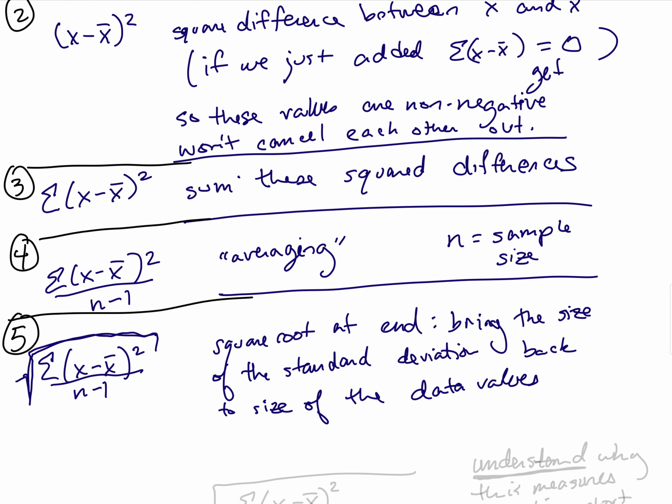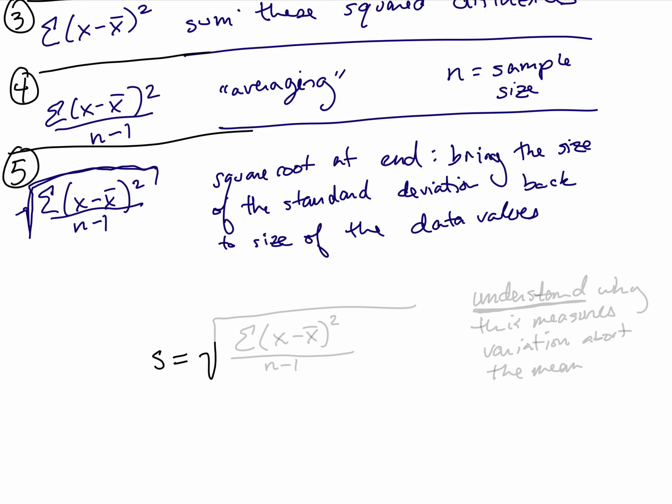So again, this is the formula for the standard deviation: the sum of the differences of each data value minus the mean, squared, divided by n minus 1, where n is the sample size.